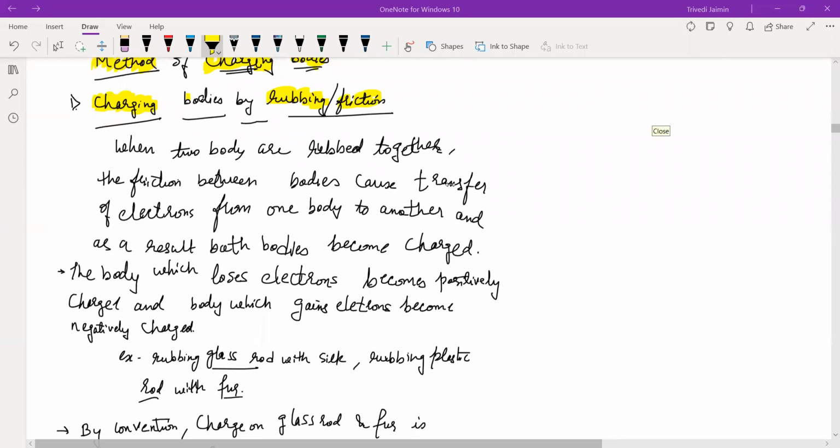Negative. Negative charge, okay. What if I say it is not negative? Will it be positive?